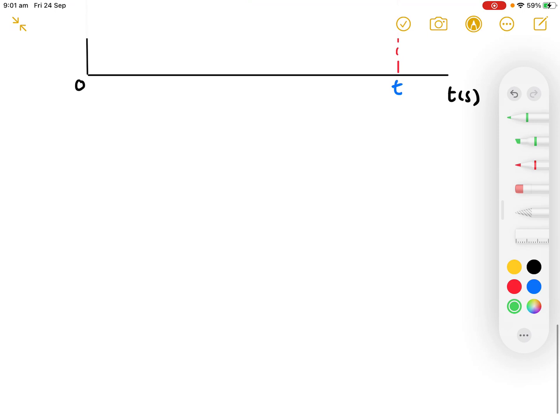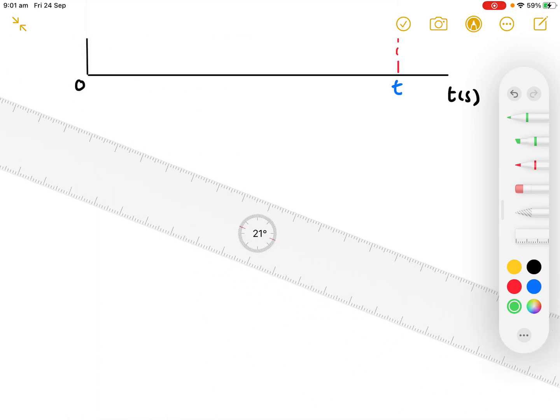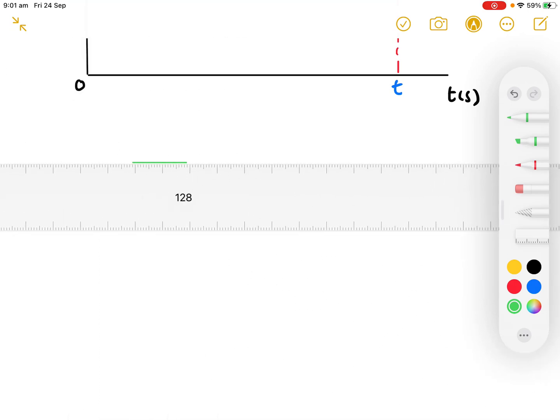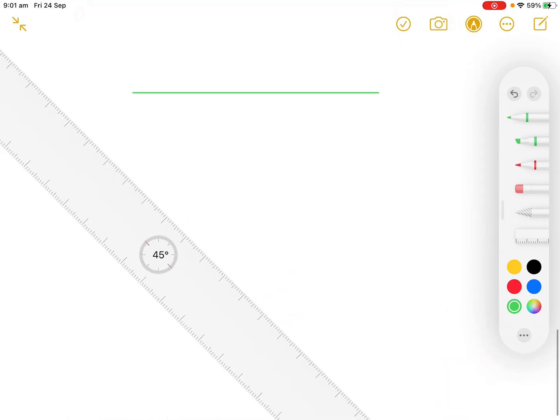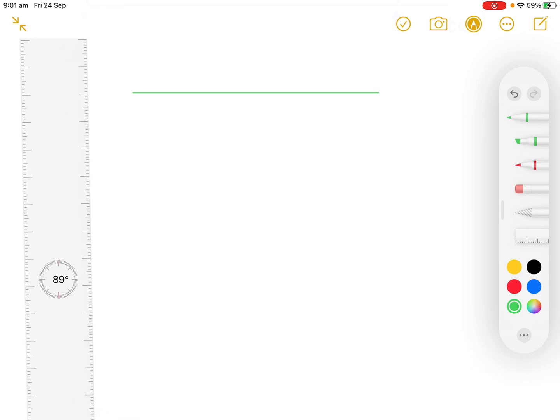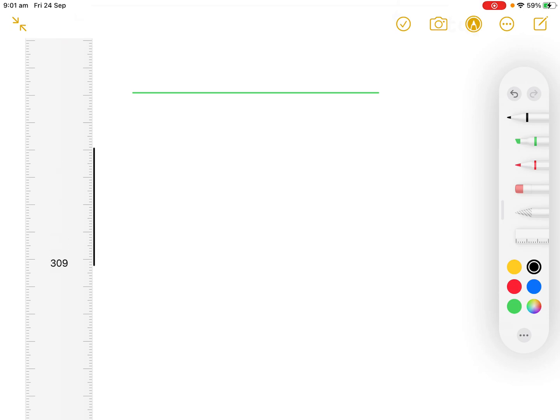Just a couple of final observations on velocity time graphs. Probably obvious to you, but worth making anyway.